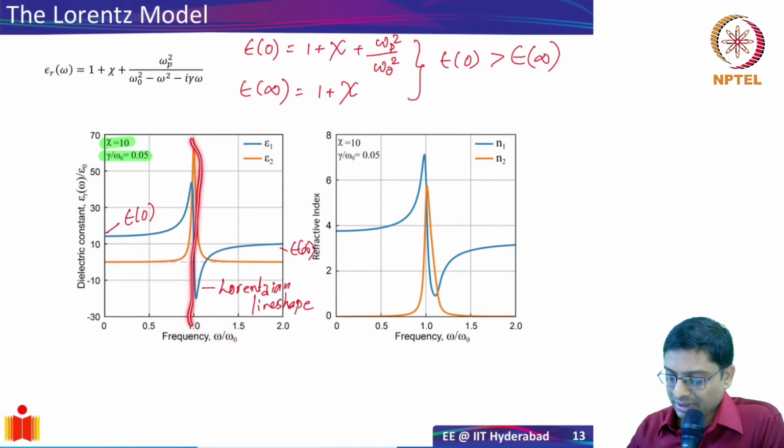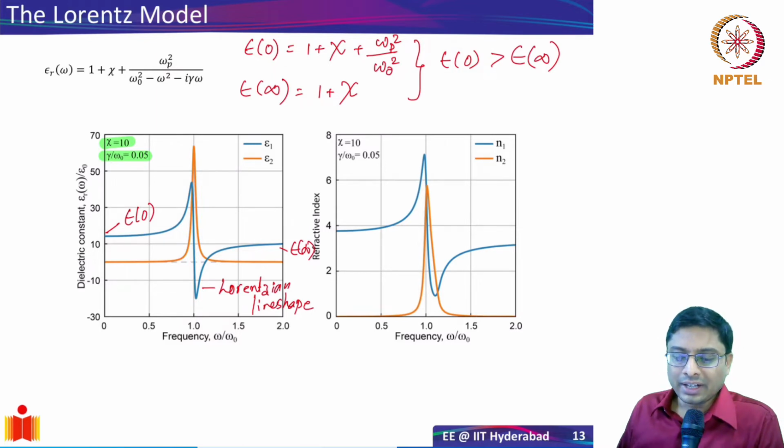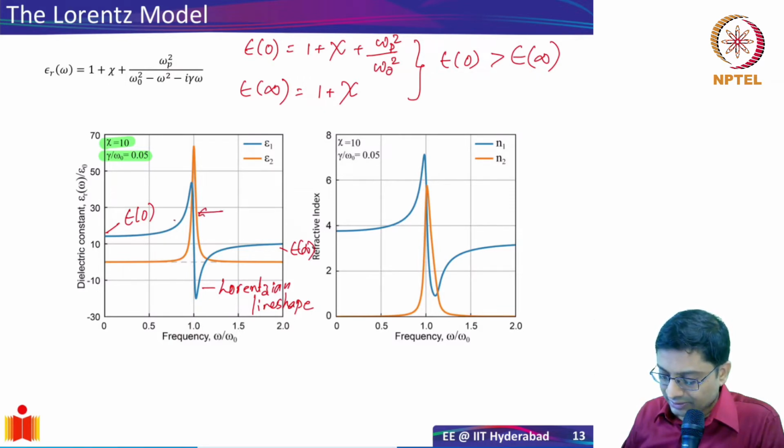You see a very sharp absorption peak. Now the width of this absorption peak is essentially your gamma. This width is defined by gamma. I'll just show in a moment how, if gamma is changed, this width will change.